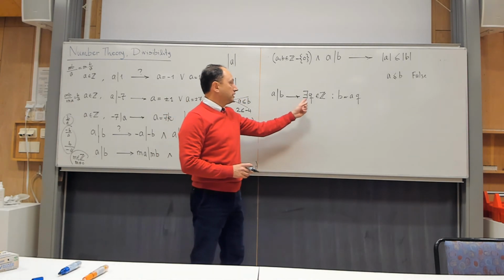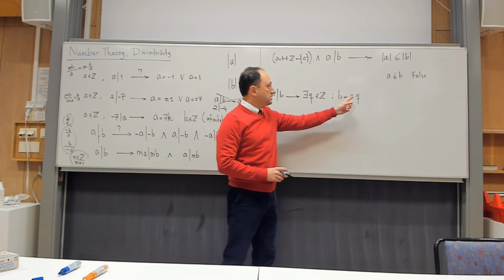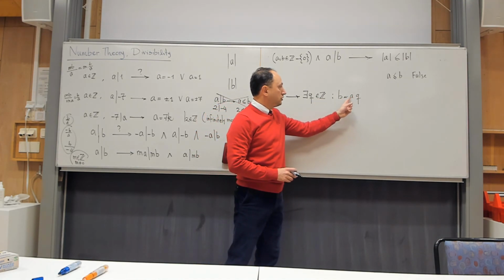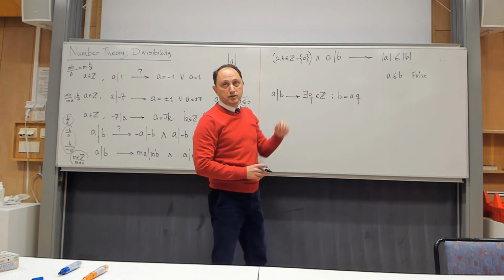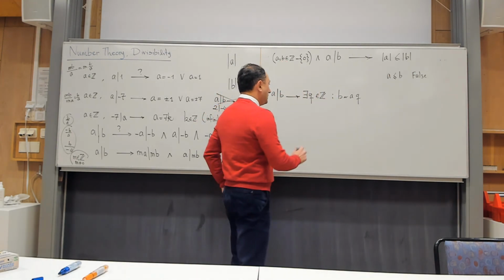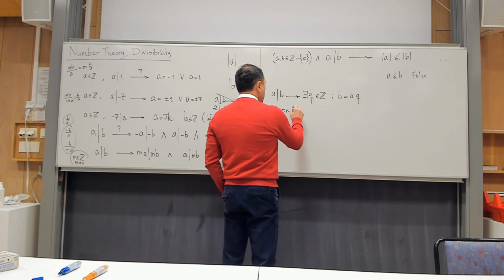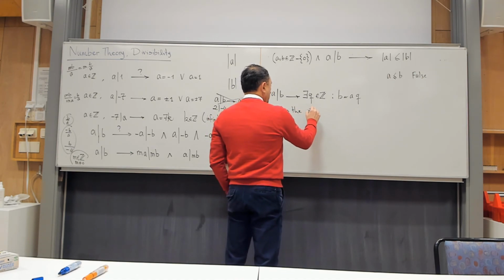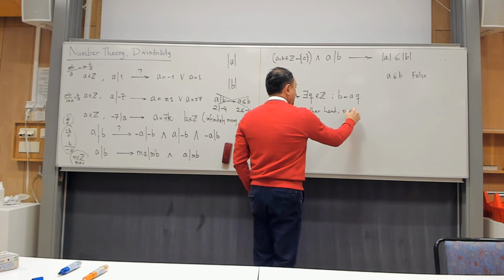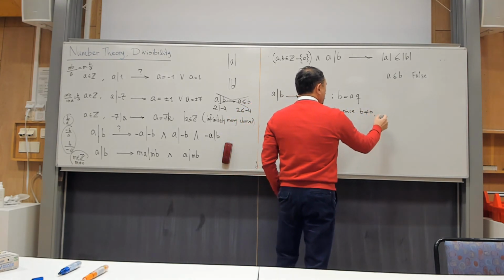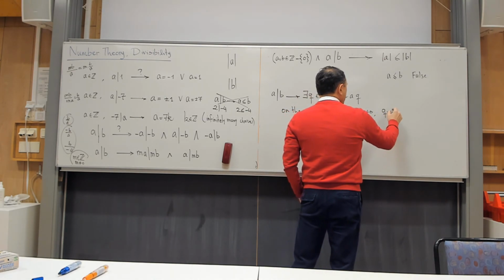Why? Because if q is equal to 0, 0 times a becomes 0 and b becomes 0. But it is emphasized that b is not 0. So here, on the other hand, since b is not 0, q is not 0 as well.